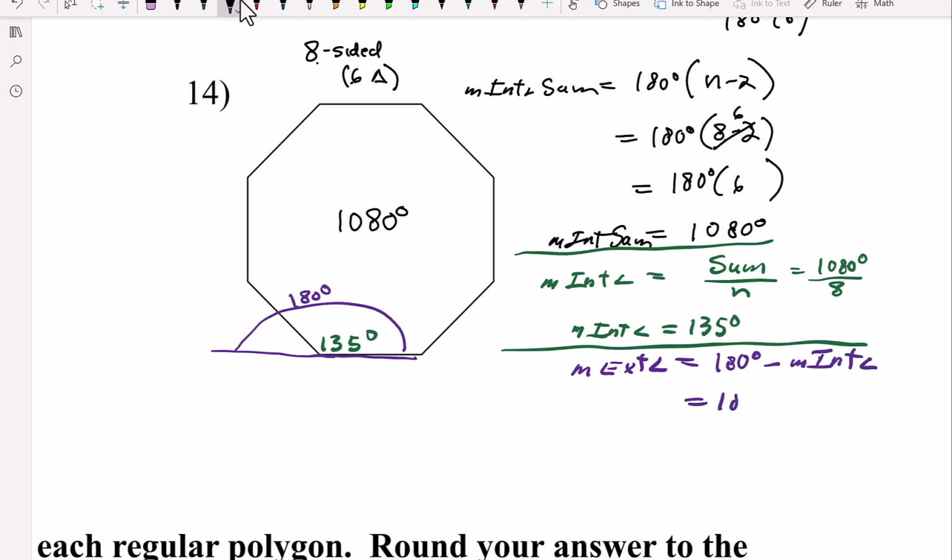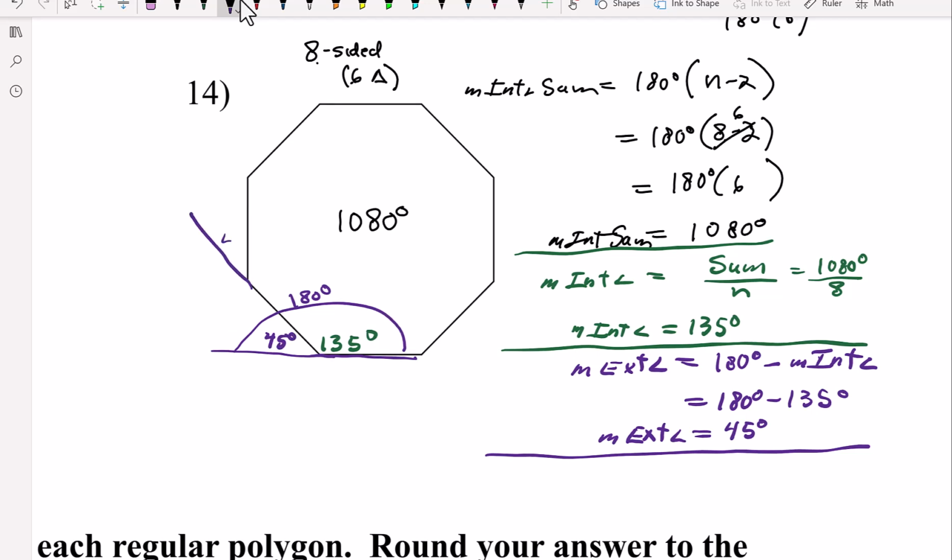In this case, it's 180 degrees subtract 135 degrees. So the measure of one exterior angle is 45 degrees. And notice if you extended, each of these would be 45, because each interior is 135 degrees.